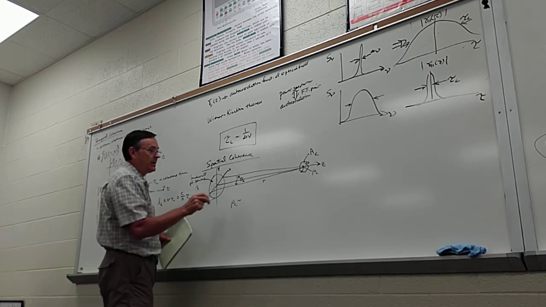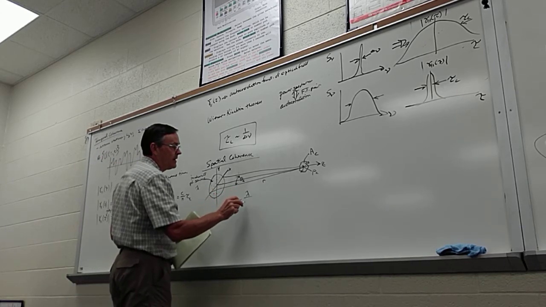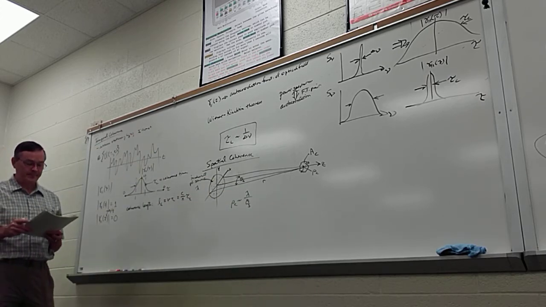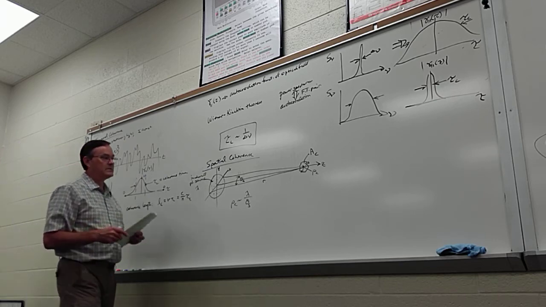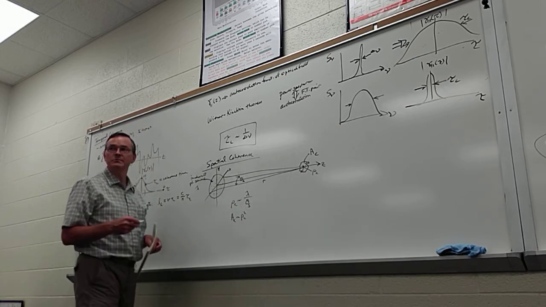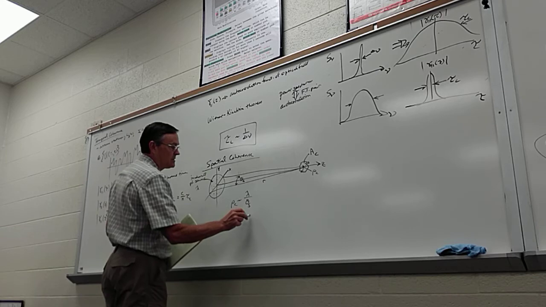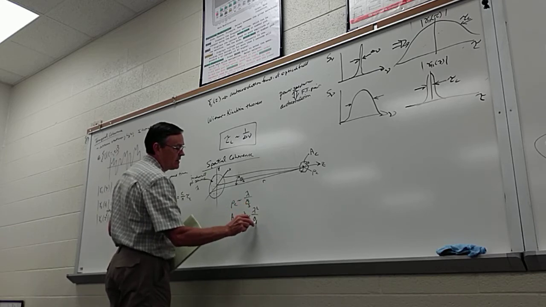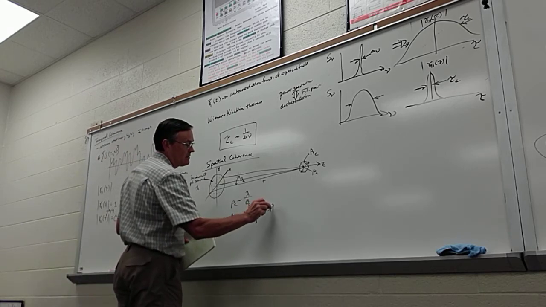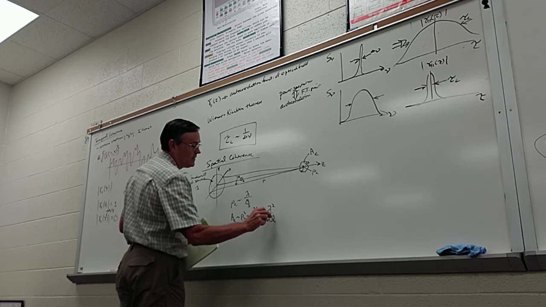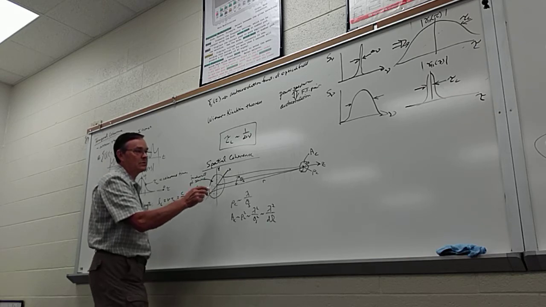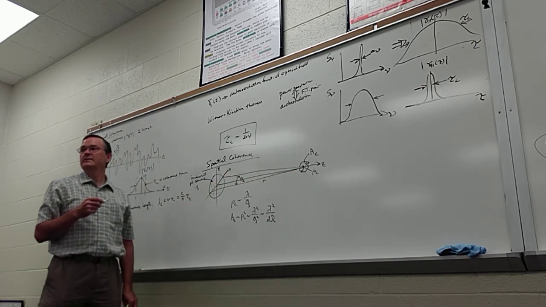Then basically the coherence width goes as wavelength divided by the angular size of the source. And so the coherence area is essentially the coherence width squared, which is about lambda squared over theta s squared. And that's essentially lambda squared over d omega. In other words, the differential solid angle subtended by the source as observed from the observation point.